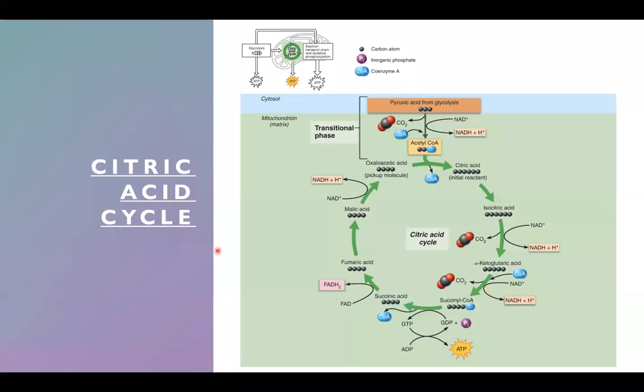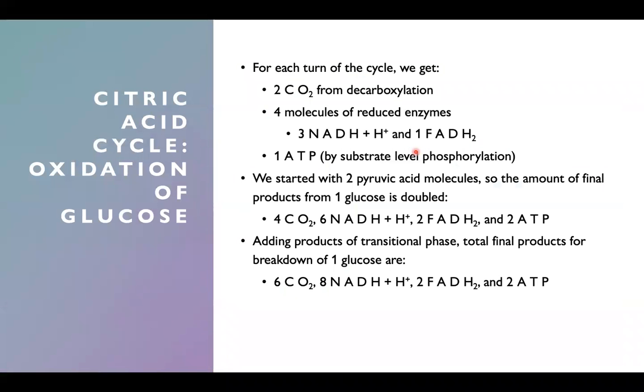So I'm just going to go back real quick here. If you remember from glycolysis, we get 2 pyruvic acids, so we will get 2 acetyl-CoAs. So this cycle will actually go around twice for each glucose molecule that we split. For each turn of the cycle, we get 2 carbon dioxides, 4 molecules of reduced enzymes, which are our 3 NADHs, our FADH2, and 1 ATP.